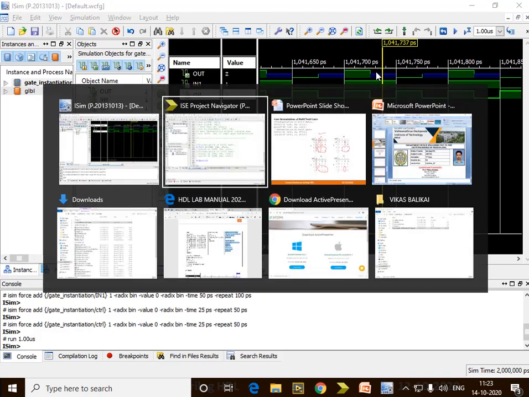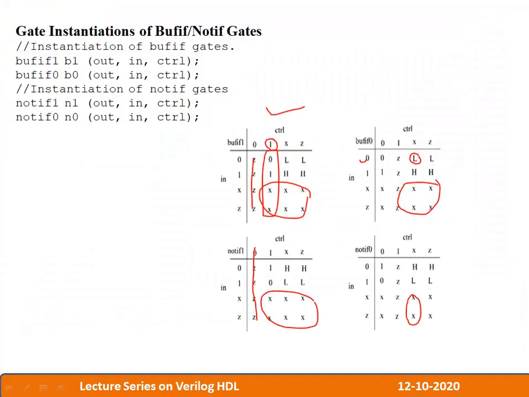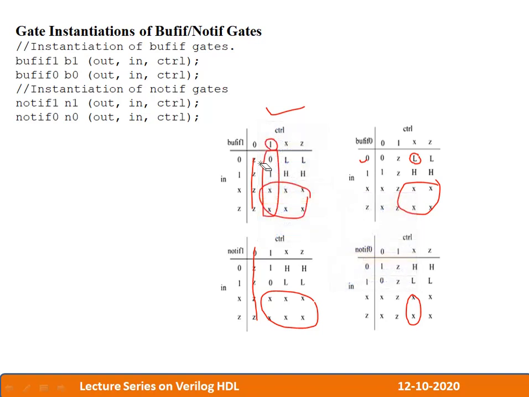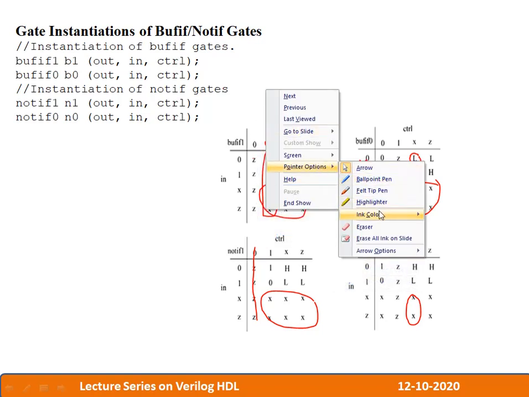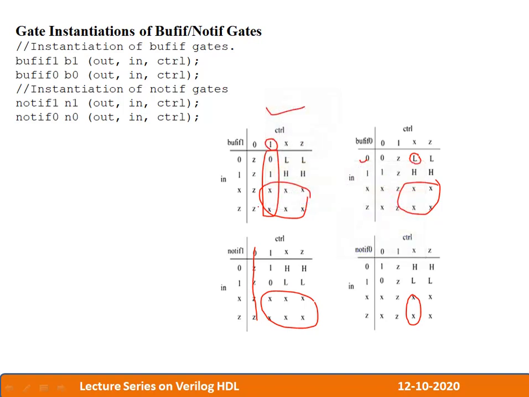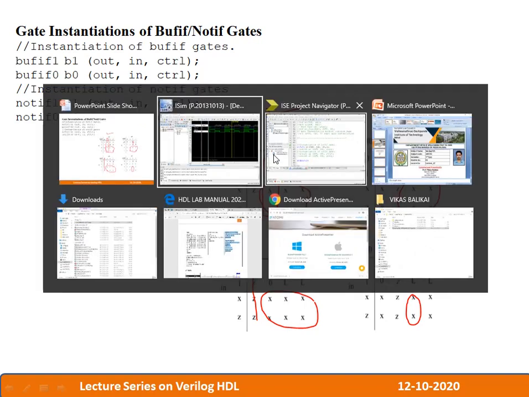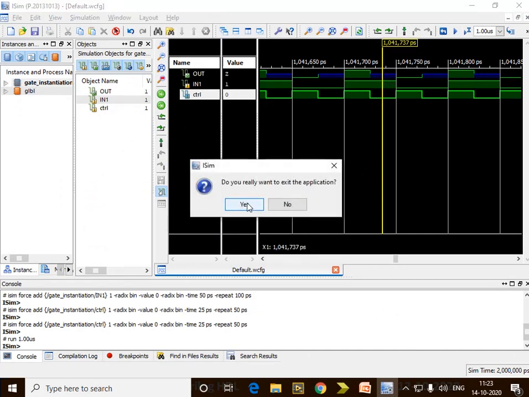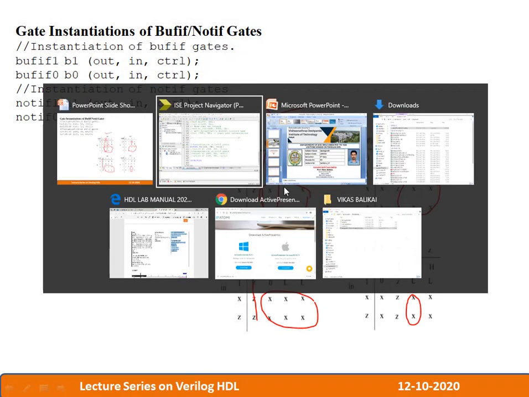So that's what I was telling over here. Control is 0 means the output is high impedance. So that's what you obtained here in the result. So that's how you can simulate different varieties of logical gates.